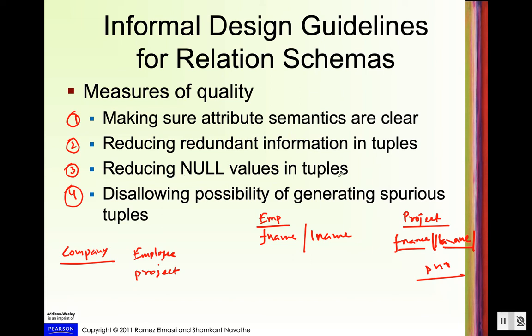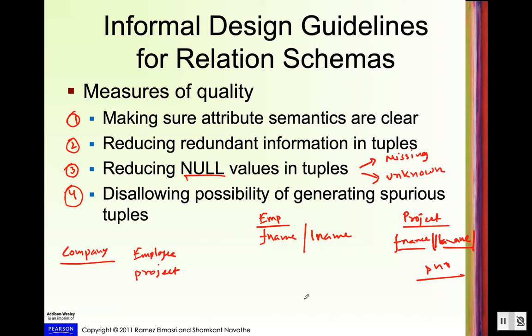We want to reduce null values in tuples. As we talked about, the meaning of null can be different in a database. Obviously in some places we are going to need null values, but the null value can have different meanings. It could mean missing information, or it could also mean unknown.